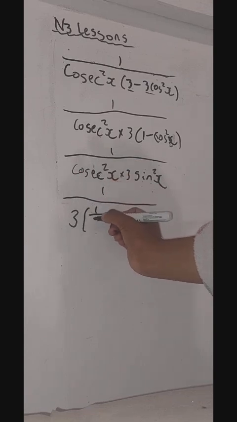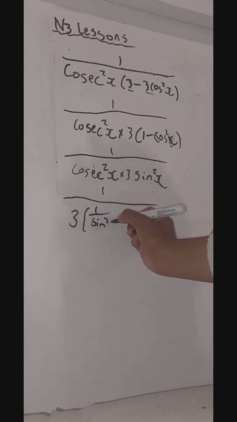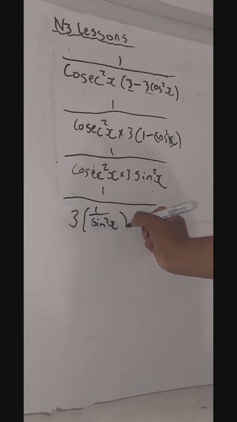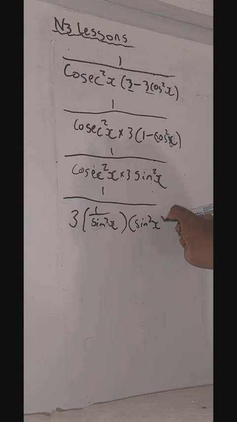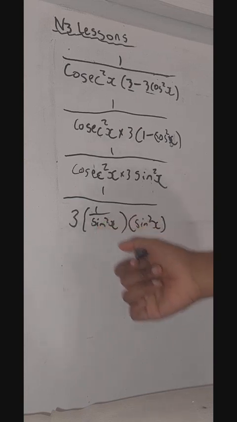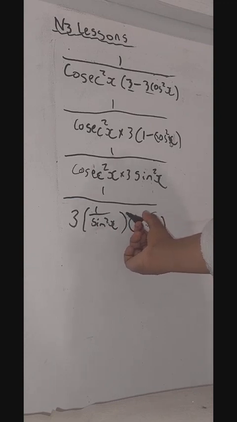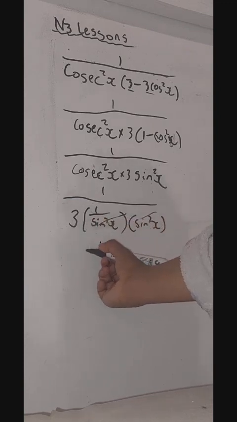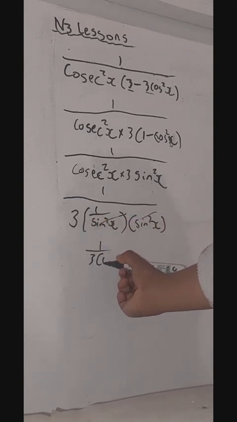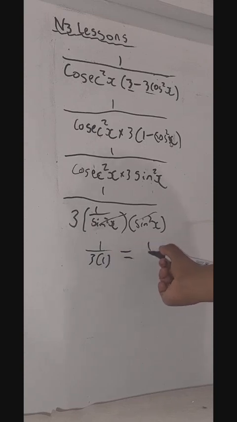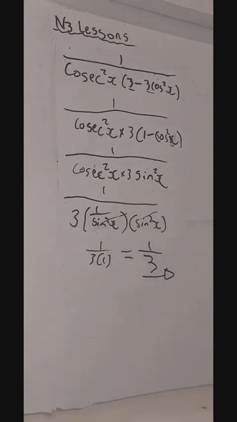Cosec squared x, we know it's 1 over sine squared x, times sine squared x. We cancel this and we say 1 over 3 times 1, which is equal to 1 over 3. This is how you do this one, guys.